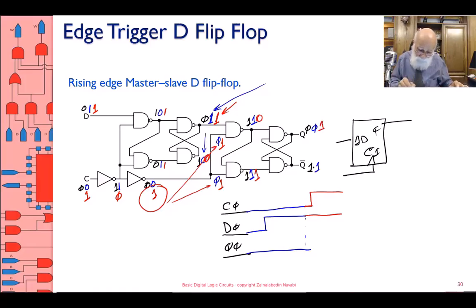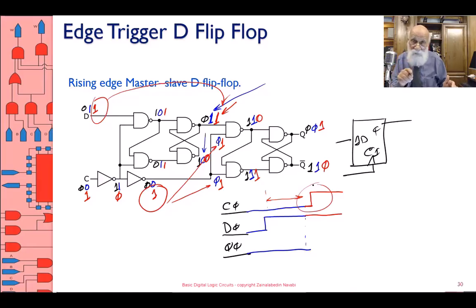The 1 here and the 1 here causes this to become 0. And therefore my master started working here. And it reached the value 1 from the D input into the output of master. Stayed there until clock became 1.